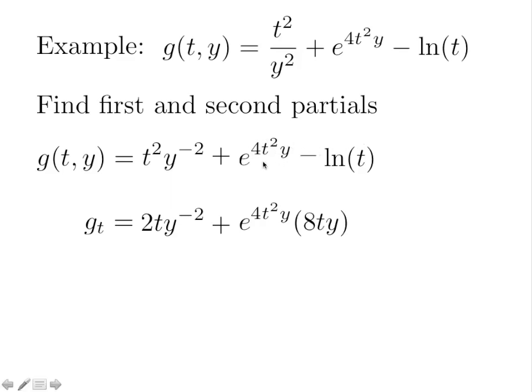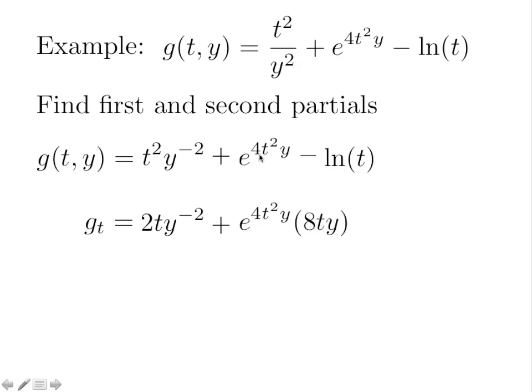In this case, the outside function is the exponential function, and the inside function is 4t squared times y. Now, the derivative of the exponential function is just the exponential function itself, so that's why you have e to the 4t squared times y.